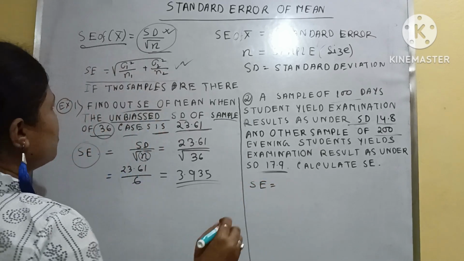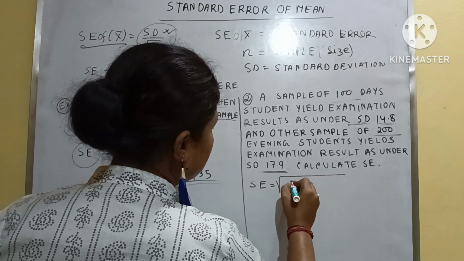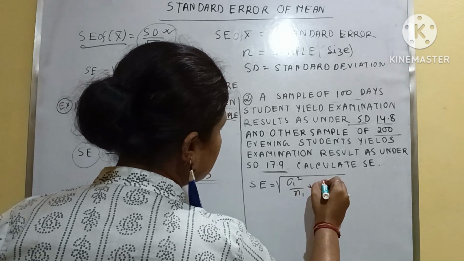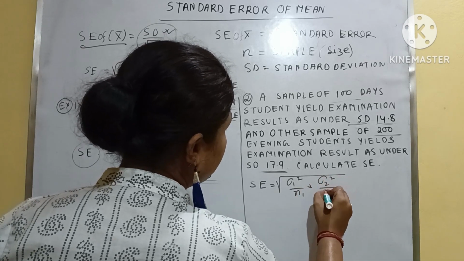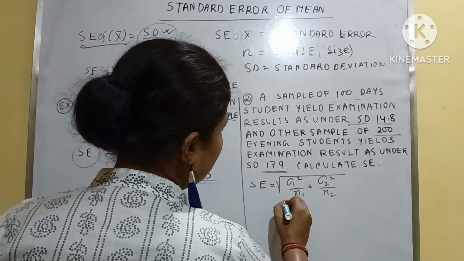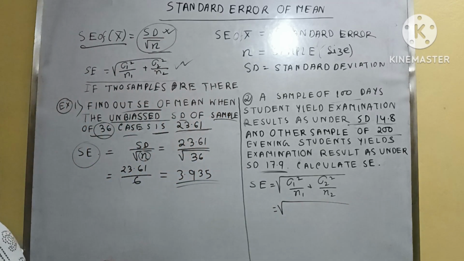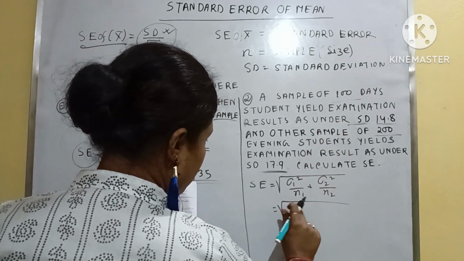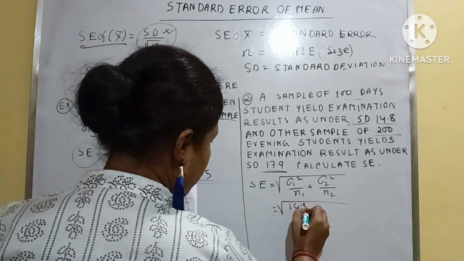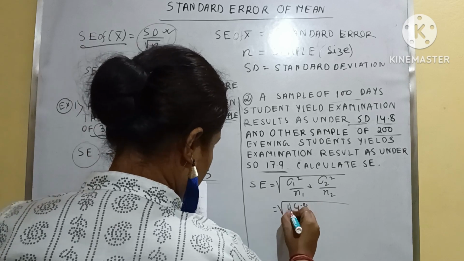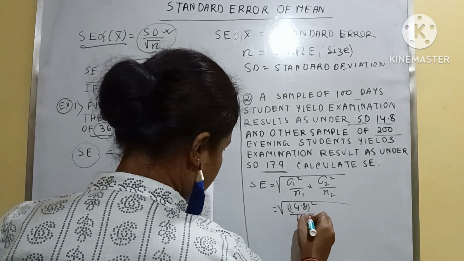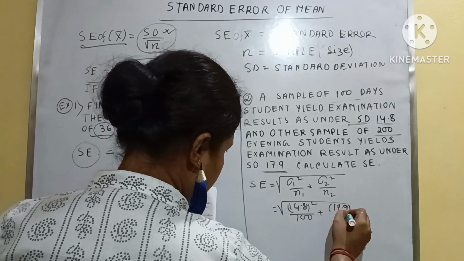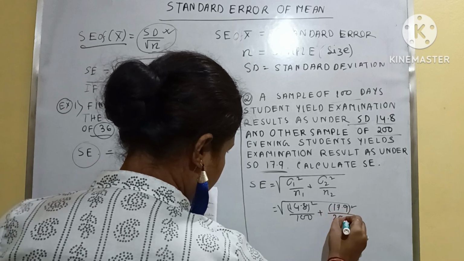SE equals root over of sigma 1 square by n1 plus sigma 2 square by n2. So the value: first one, sigma 1 square is 14.8 squared divided by 100 plus 17.9 squared by 200.